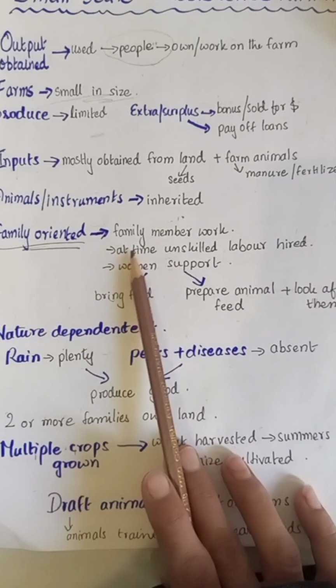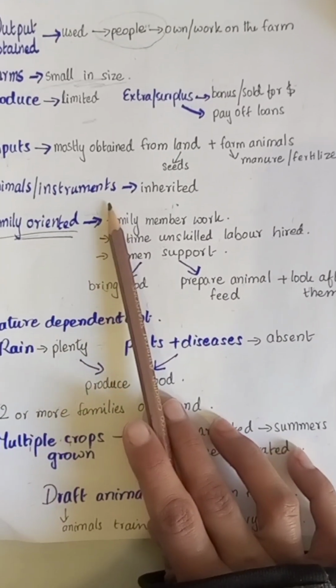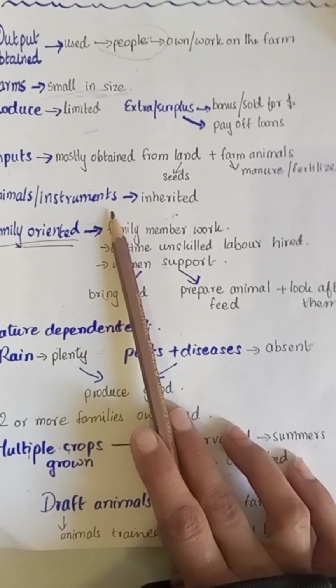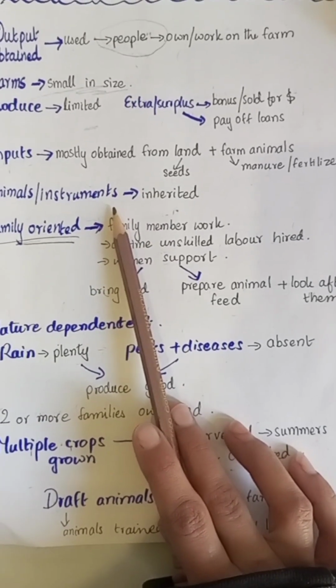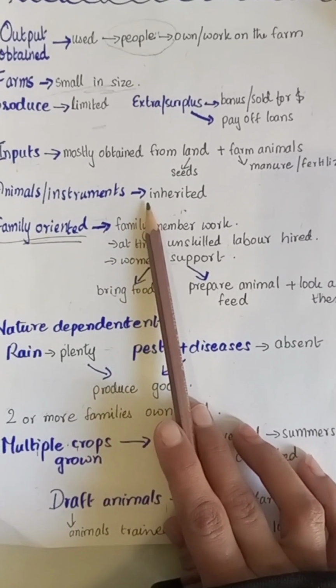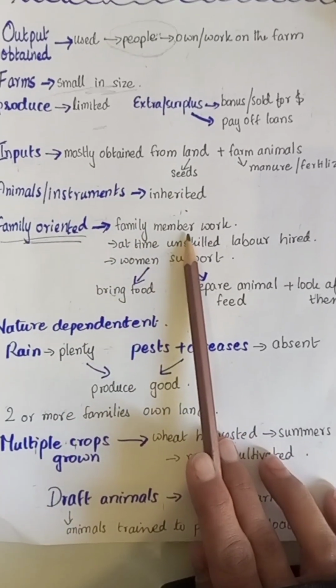And the animals that are used on the farm are also not purchased. They are actually inherited from their forefathers, and the equipments used on the farms are also very basic. They're not sophisticated, like the sickle and the plow, and tractors are not used. So these instruments or equipments are also family inherited.